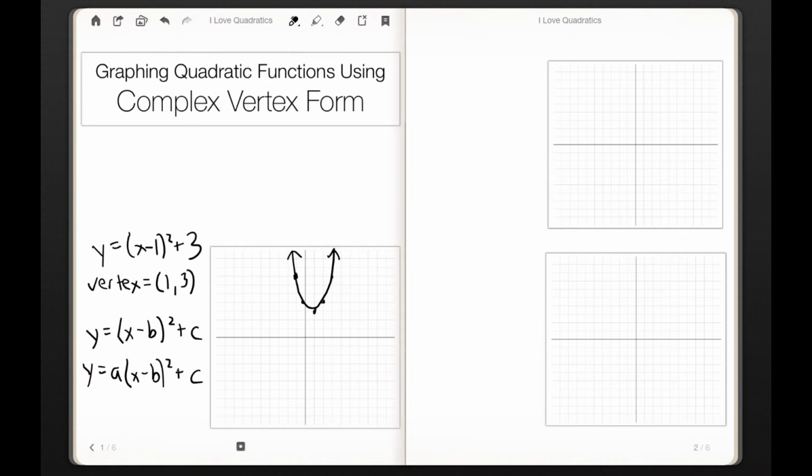So now let's take a look at this graph. Here, let me just rewrite this equation right there. And all we're going to do is add a 2 in front of the squared term.